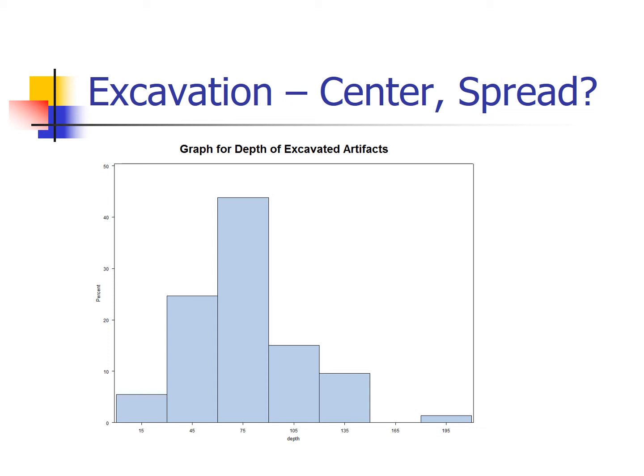Look at our bars. The first one's roughly 5%. The next one's roughly 25%. The next bar's roughly 45%. Let's add that up. 45 and 25 is 70%, plus 5, 75%. If we only excavated to 90 centimeters, we would still have captured 75% of the artifacts we were looking for.